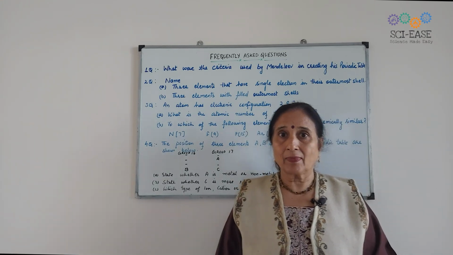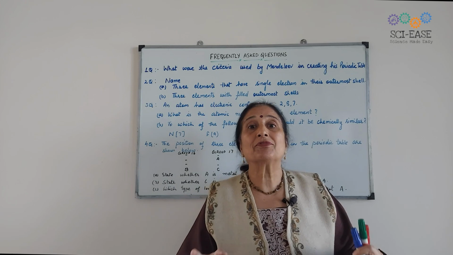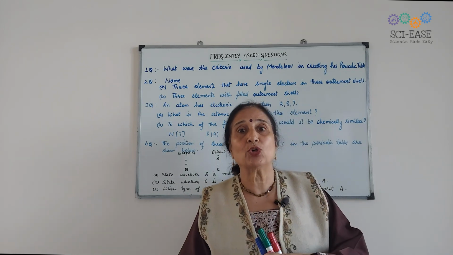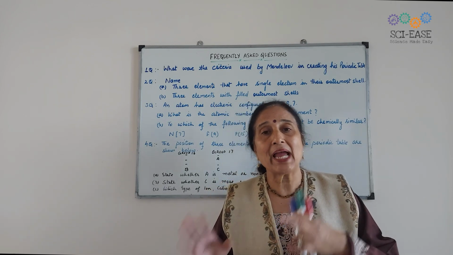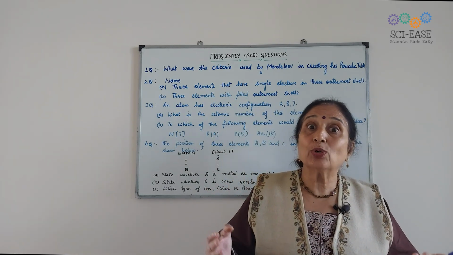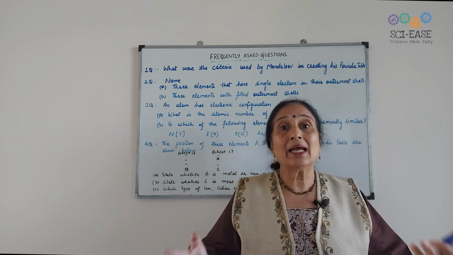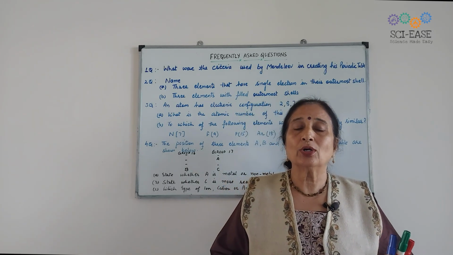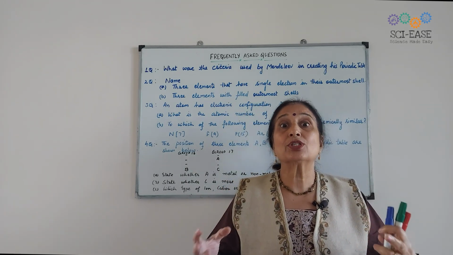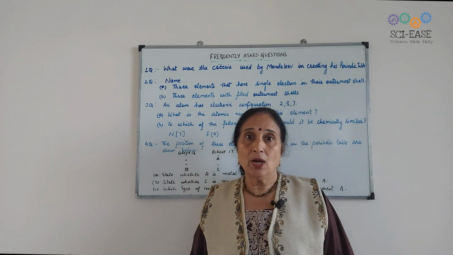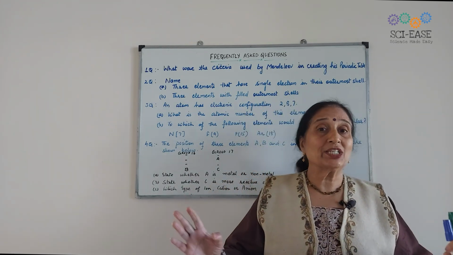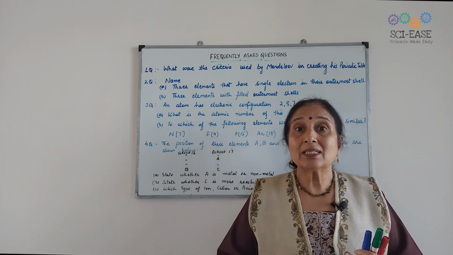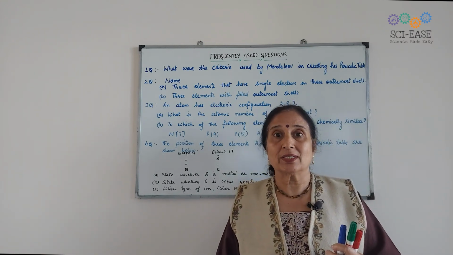electropositivity. That is the ability of the element to lose electrons during a chemical reaction. And what is electronegativity? That is the ability of the element to gain electrons during a chemical reaction. Okay, such direct questions may be asked, but mainly some application-based questions.